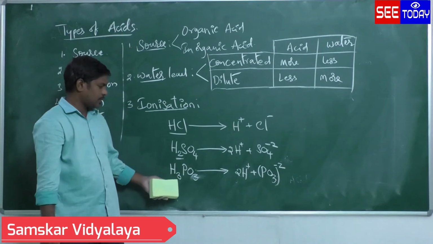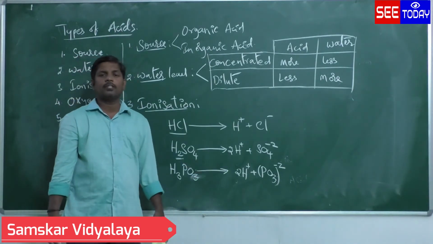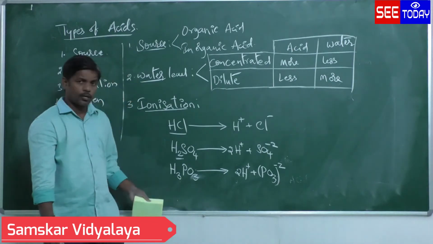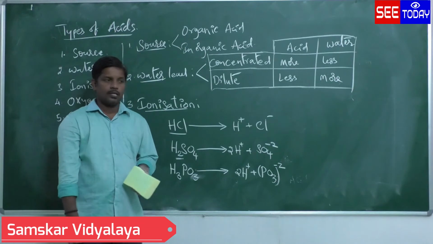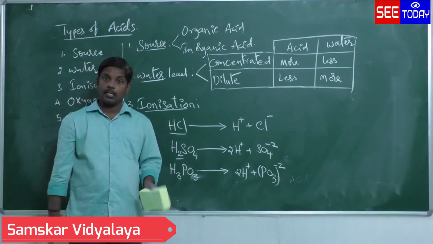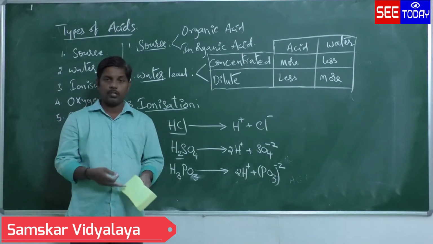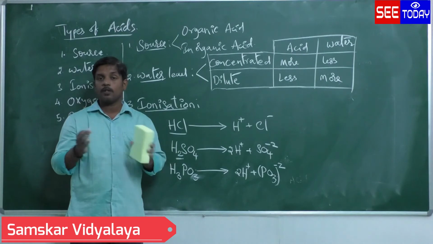Actually it has 3 hydrogens, but it is releasing only 2 hydrogens. That means it is not undergoing 100% ionization, not complete ionization. It is undergoing incomplete ionization, and incomplete we can also call partial.